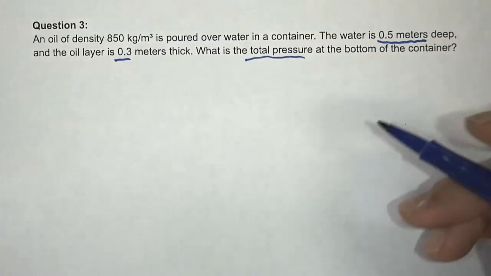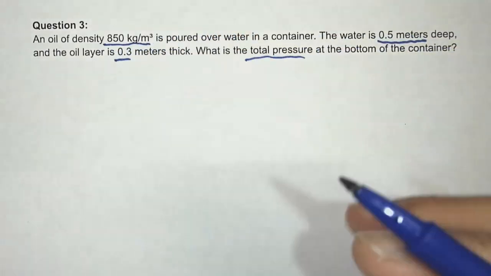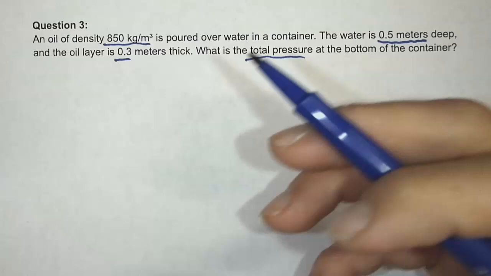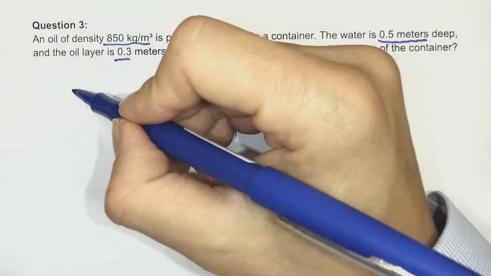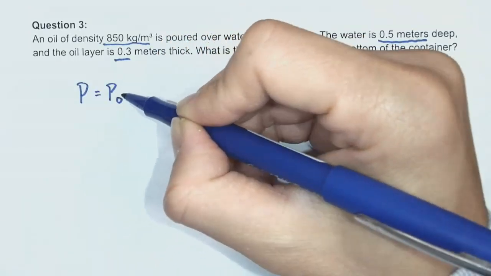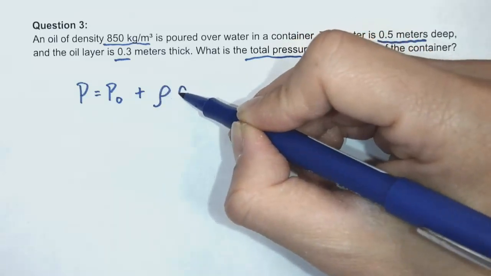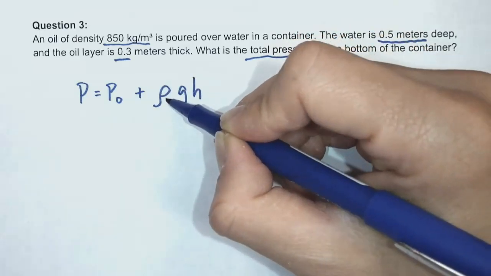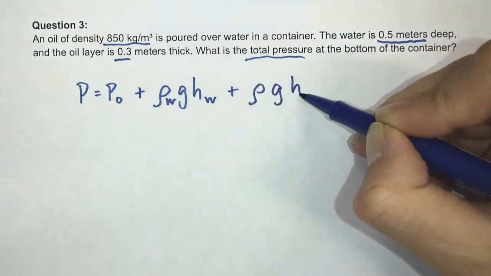So to find the total pressure, we're going to add both of the pressures due to both of the fluids. And we're looking for the absolute pressure. So we're going to include P naught plus rho GH for the water plus the rho GH for the oil.